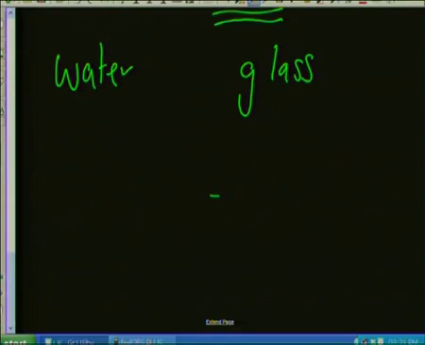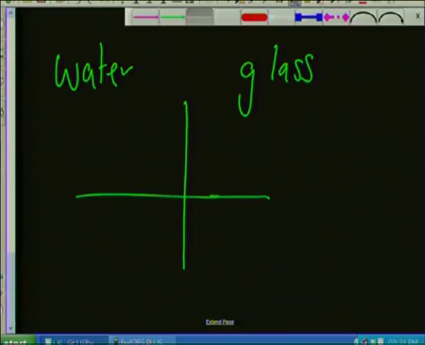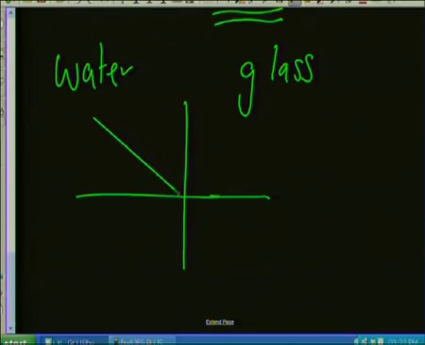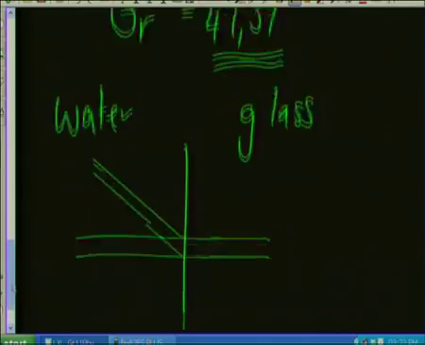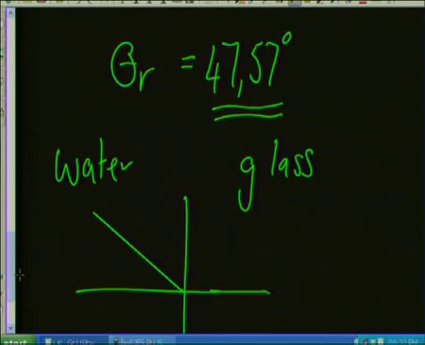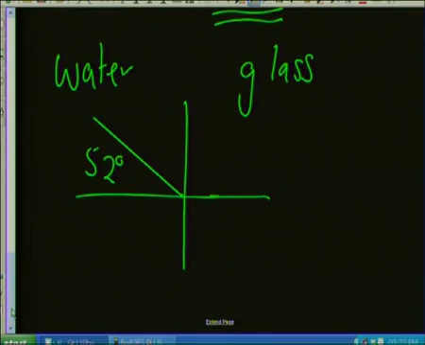But I wanted you to see that you can calculate the angle of refraction. You now have to interpret that and say, oh, what does that mean? There's the normal, and if I had my angle coming in over here, it was 52 degrees coming in at this particular position, and I'm now only getting an angle of 47.